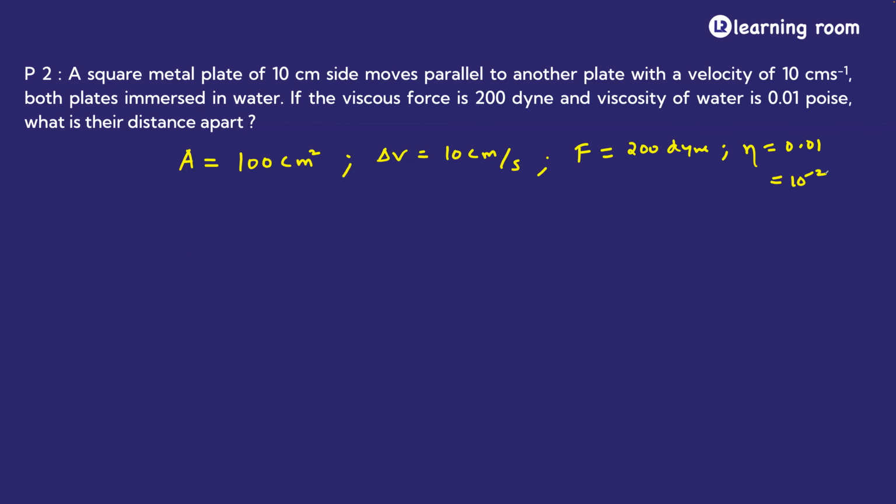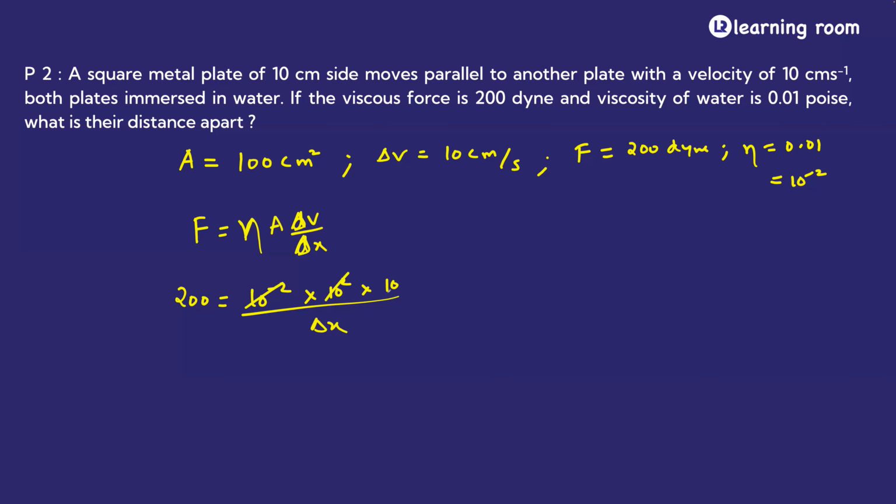Right. When I take all these values and substitute, one unknown, one equation. So F is equal to eta into A into delta V divided by delta X. So F is how much? 200. What is the value of eta? 0.01, that is 10 power minus 2, into area is 10 square, into delta V is 10, the whole divided by delta X. Answer is 1 by 2.